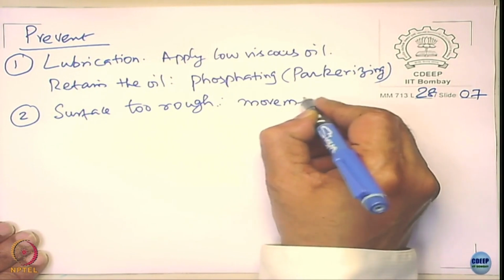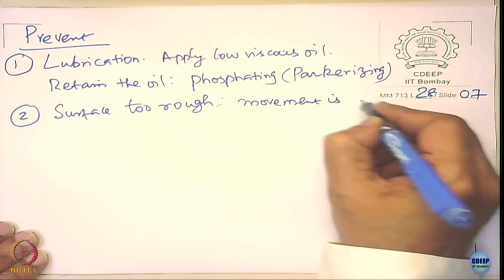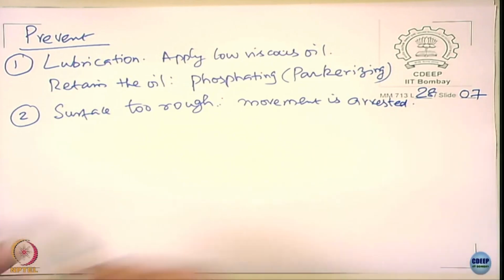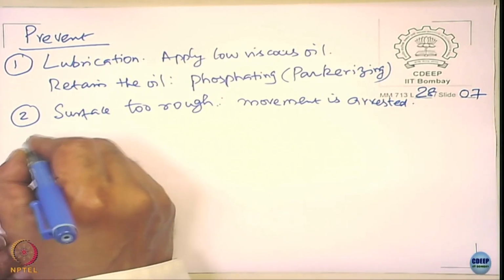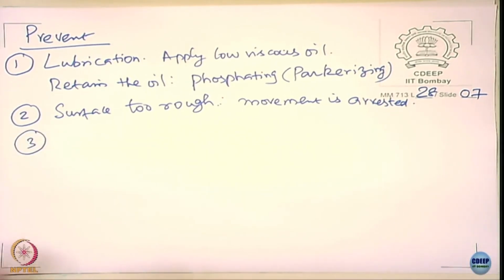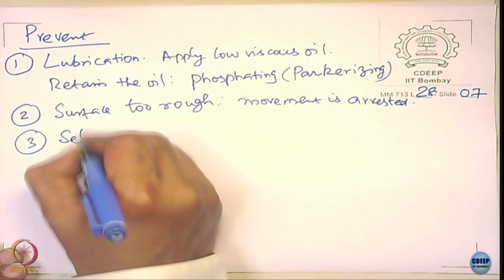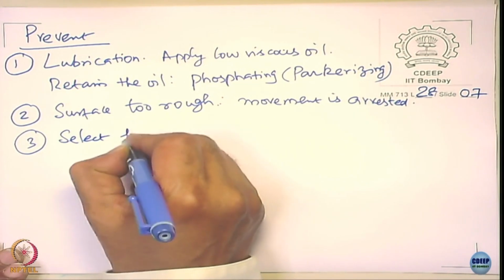Movement is arrested. Well, you do not have control over movement and all, and you want to choose a material. So, what should be the property of the material? So, hard material, okay. Select hard material.